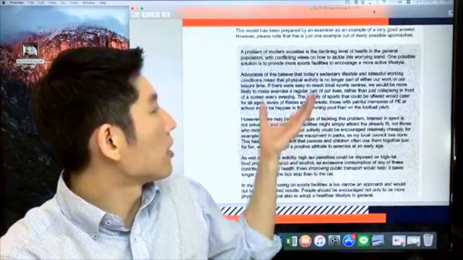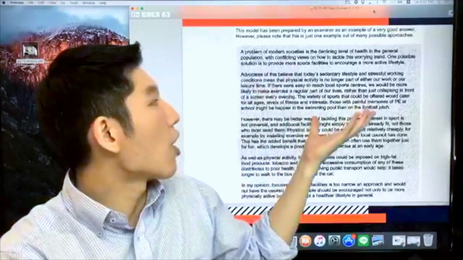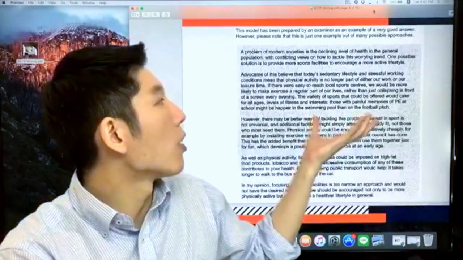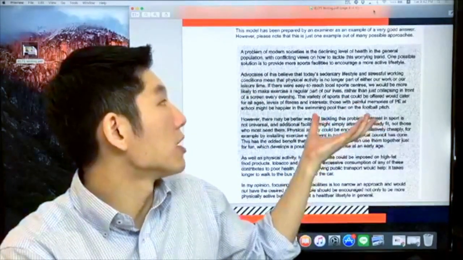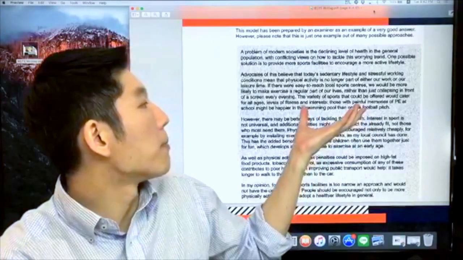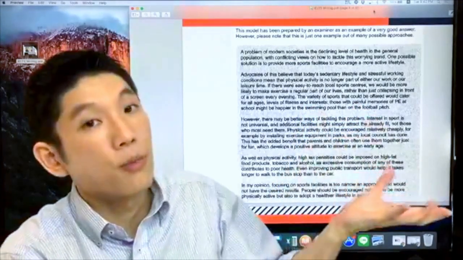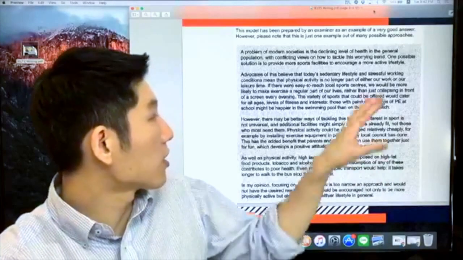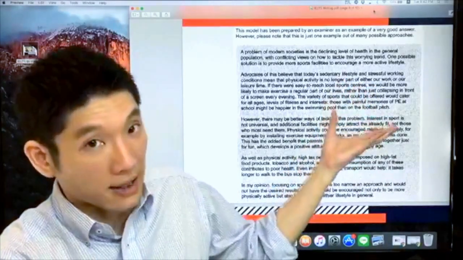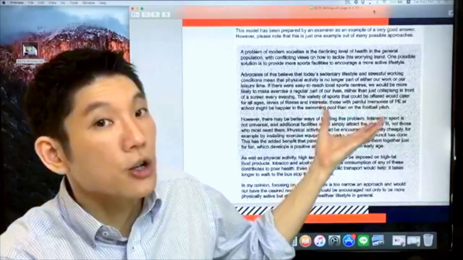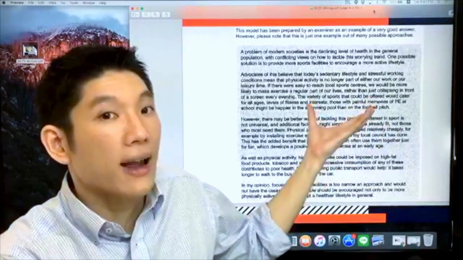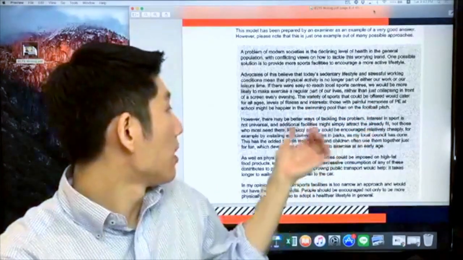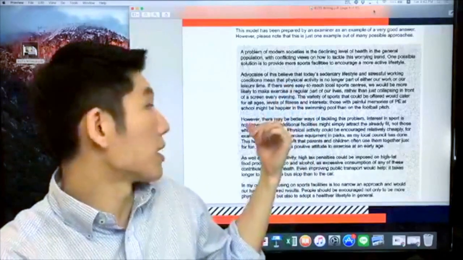So this paragraph is essentially arguing that they should build or have these sports facilities because it's probably the best way to improve public health. Well, let's look at the next paragraph. I expect this person to argue the other point. 我期待他去讨论另外一点. However, yeah, I know there's a transition.